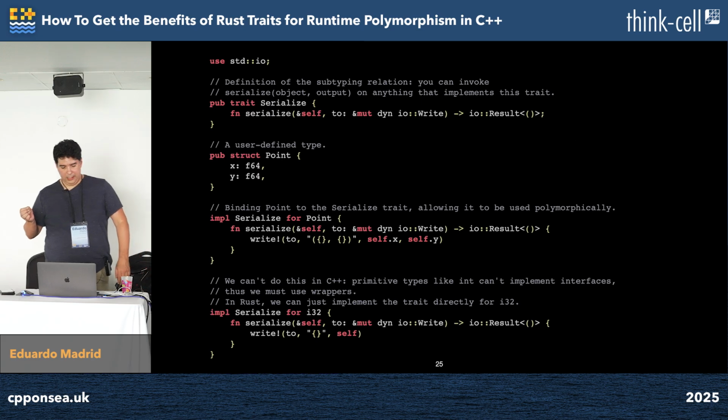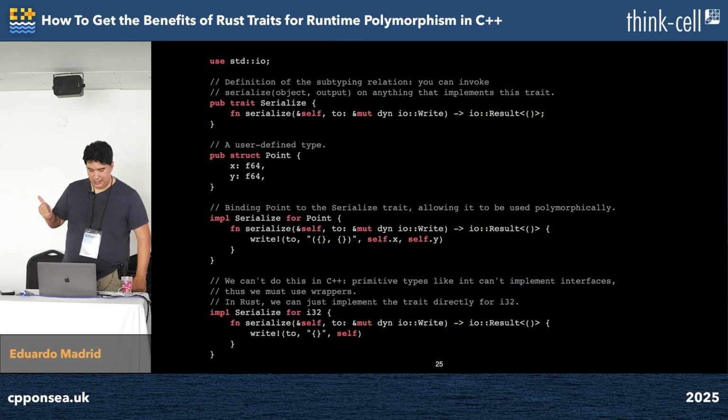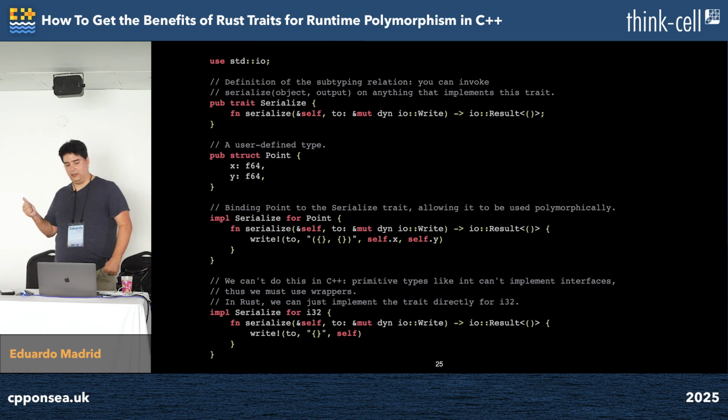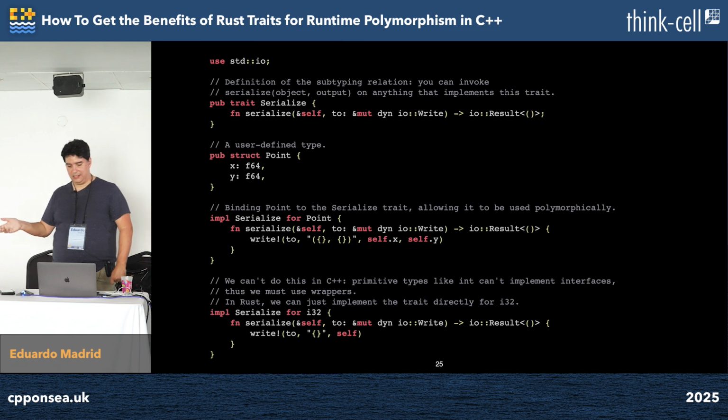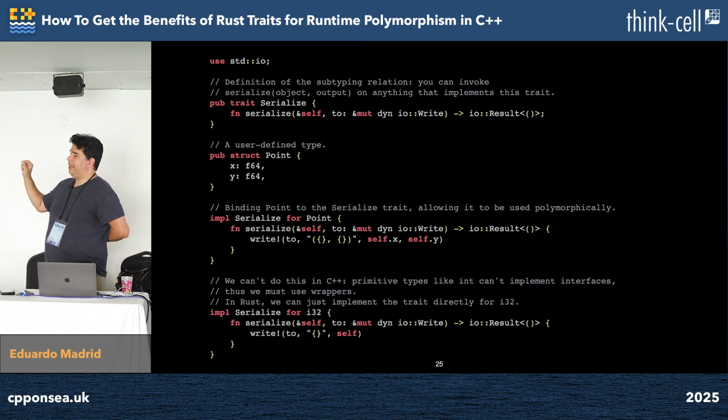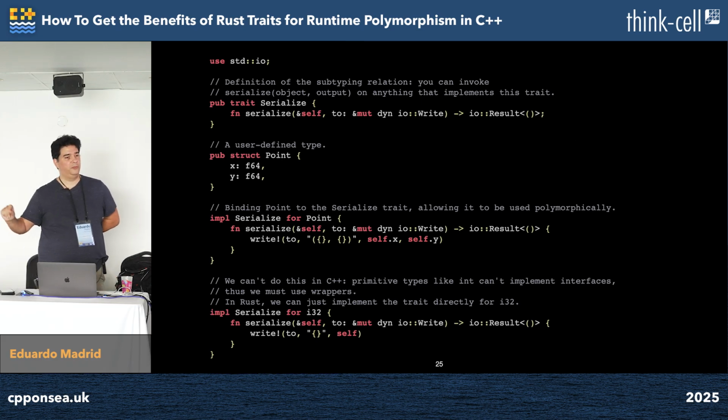Now, the last part of the slide is something that in principle we cannot do for C++, which is, let's say that I have a primitive type like integer of 32 bits. We have that type in C++, but we cannot just say, hey, I want the integer of 32 bits to be able to participate in runtime polymorphism for the purpose of serialization and do that serialization in this way.